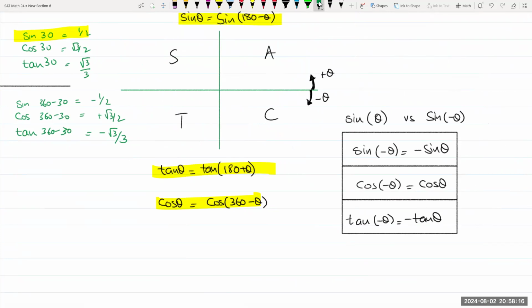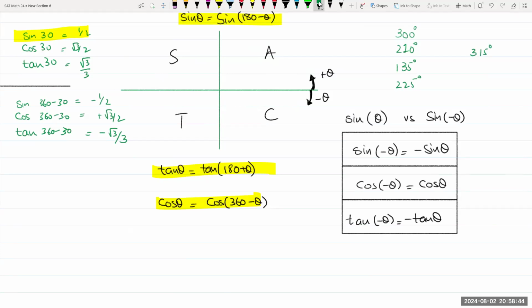So with a little test: 300 degree, 210 degree, 135 degree, 225 degree, 315 degree.